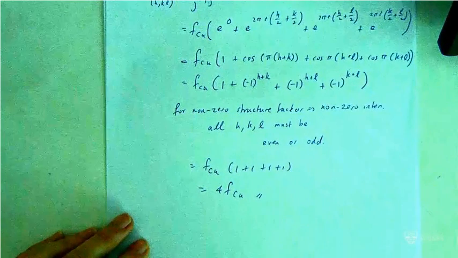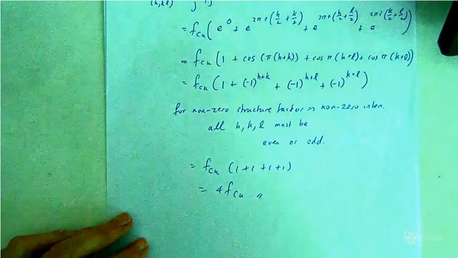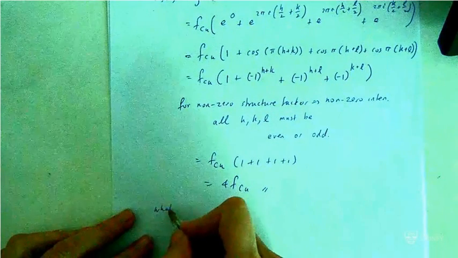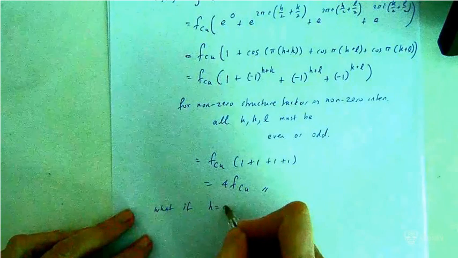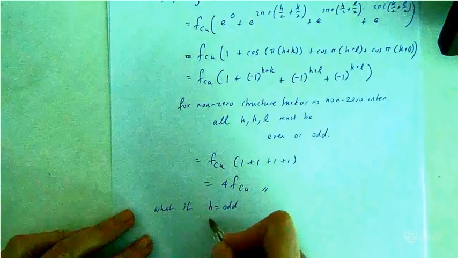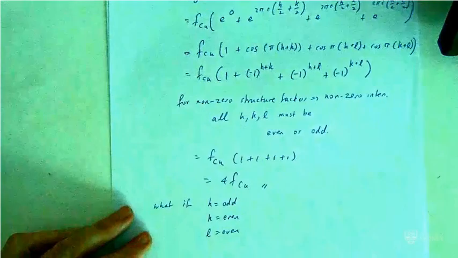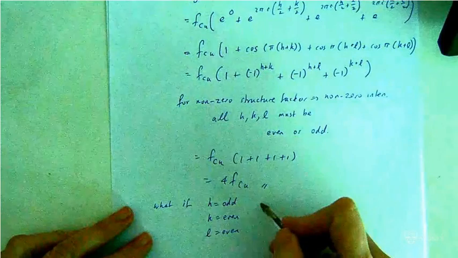So what we can do is just have a little look. What if H is odd, K is even, L is even? What if we have a situation like that? Then we can just work that out.